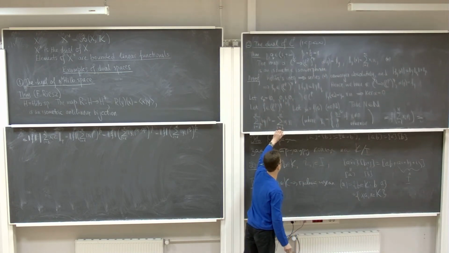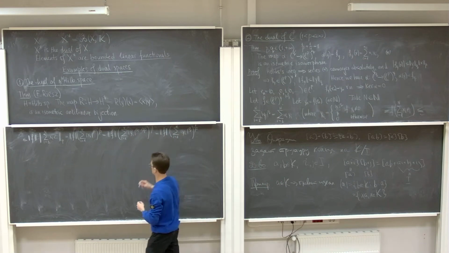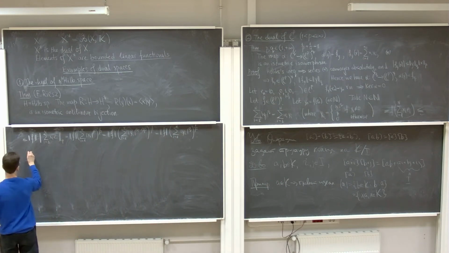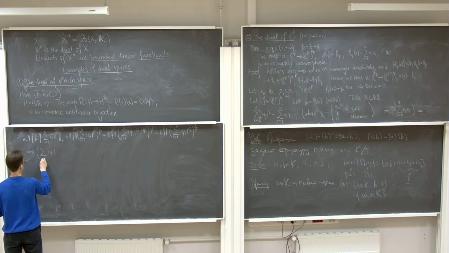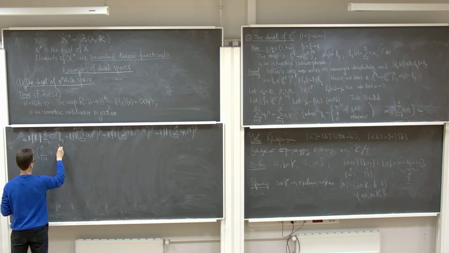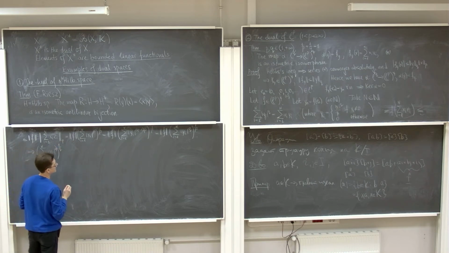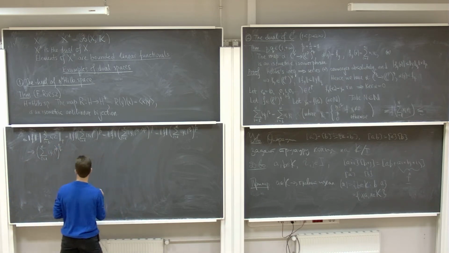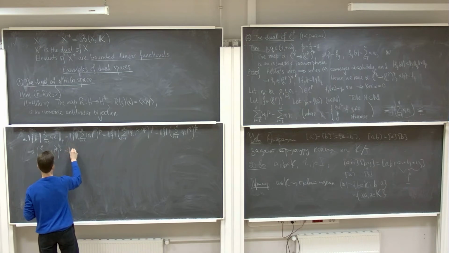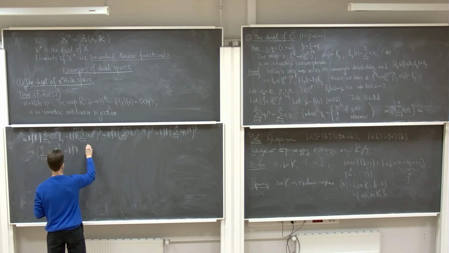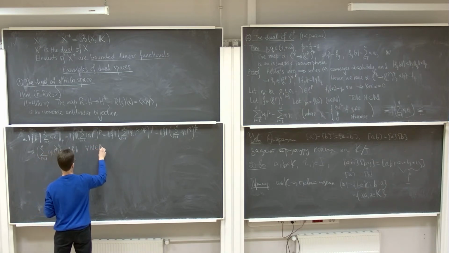So we cancel this, and as a result, we see that this number to the power 1 over q is less than or equal to the norm of f. And this is true for any natural number N.